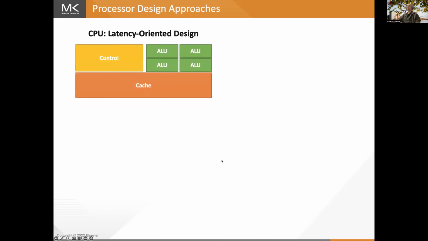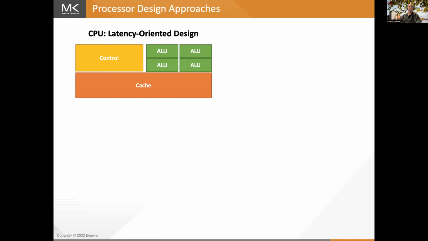So this is the diagram for a CPU that we talked about in the first lecture as well. You have a big cache that is used to handle latency. You have a small number of ALUs to perform parallel computing, and you have a big control unit, right?